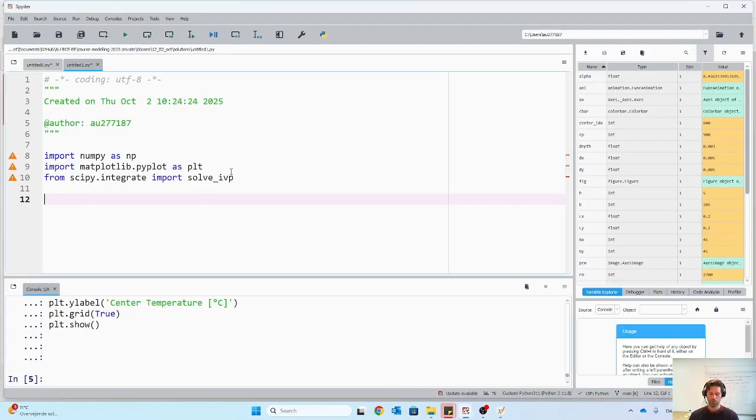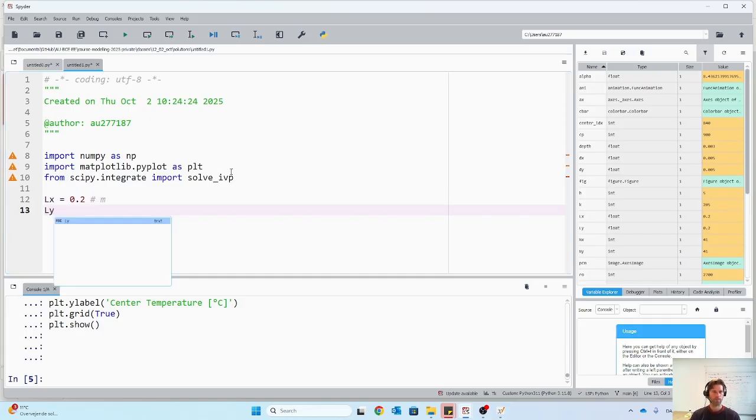The first thing we do in Python is define the dimensions of the plate, which is 0.2 meters in the X and the Y dimension. We can also write what the depth is for now, because we will use it for something else when we have to calculate the heat loss.